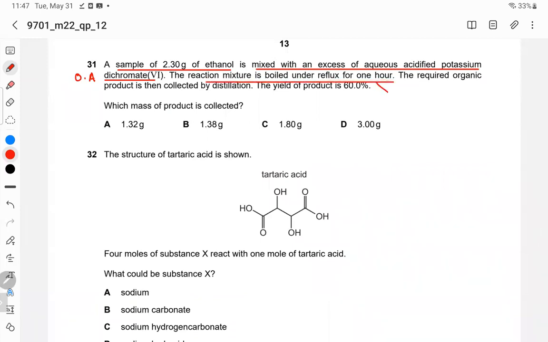And if it's boiled under reflux, let me remind you, ethanol is a primary alcohol, so it will undergo complete oxidation. And if it's a complete oxidation, then the product will be a carboxylic acid. So I'm going to get ethanoic acid from ethanol. Is this understandable to everyone?